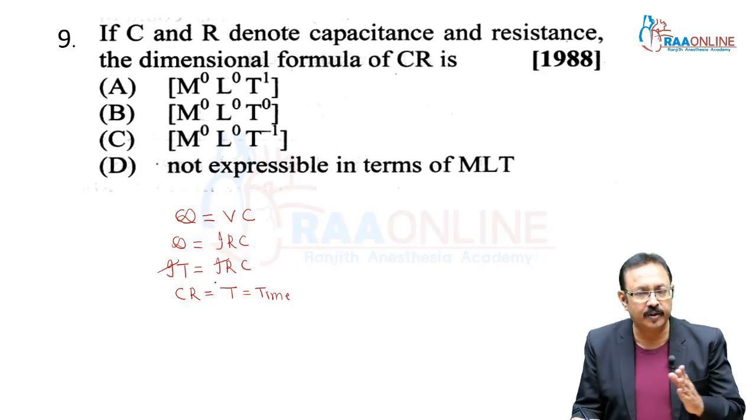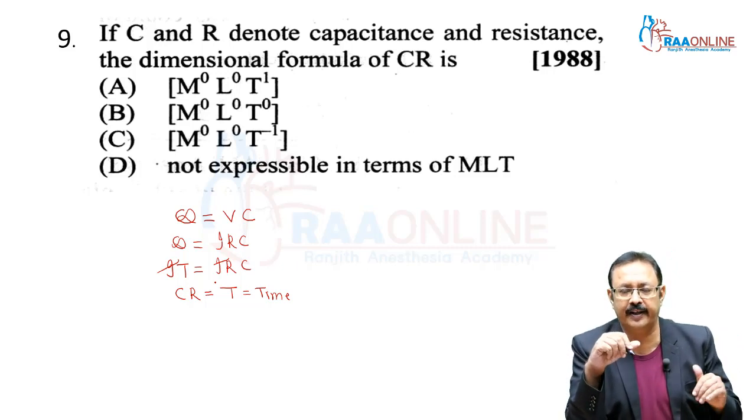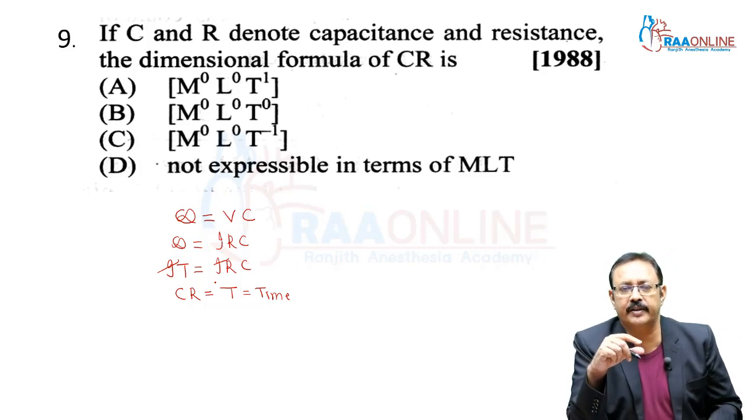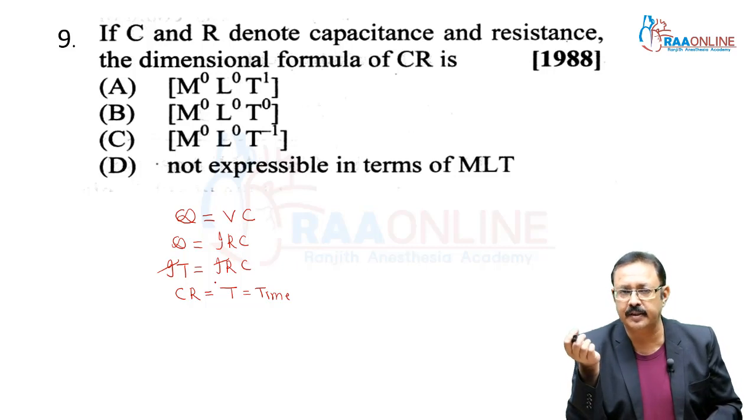If you studied in your 12th class, growth of current or decay of current, in that, when you are going to charge a condenser, growth of current, initially it was in the syllabus, I think now it is not in the syllabus, there CR was the time constant.